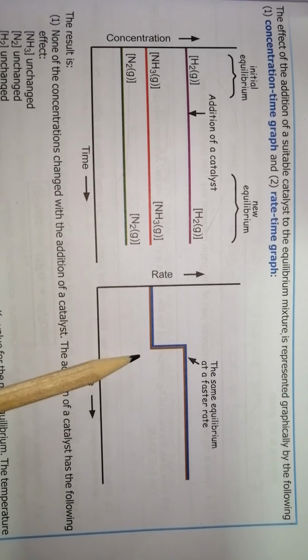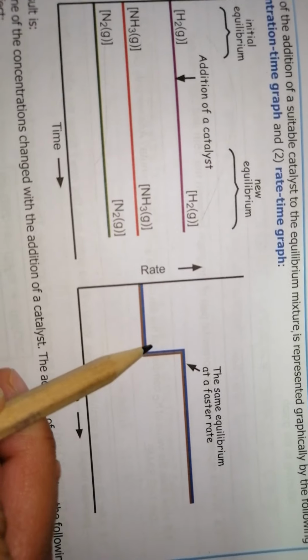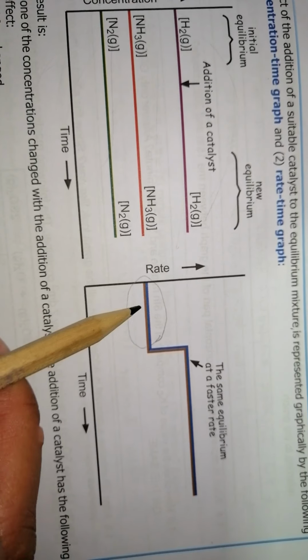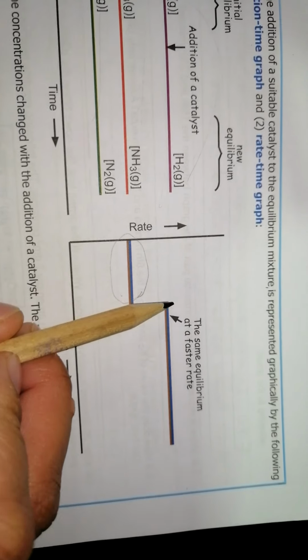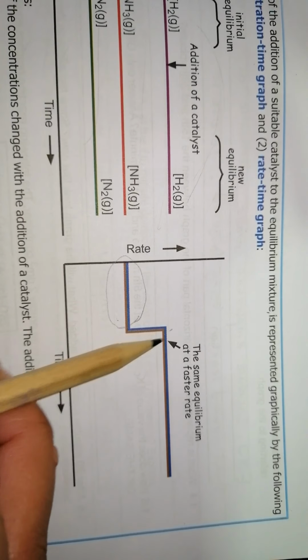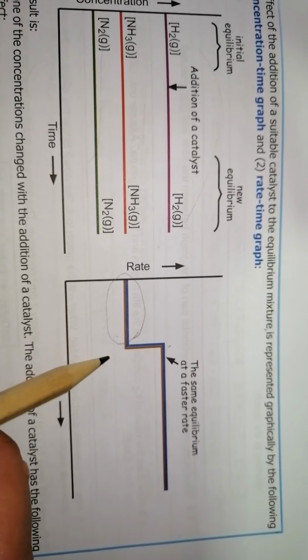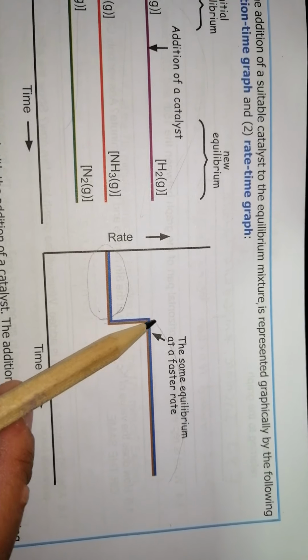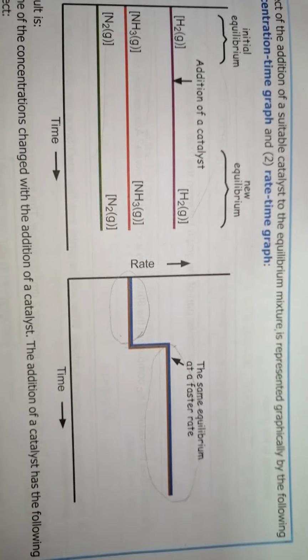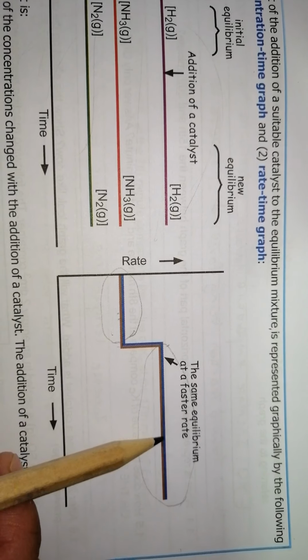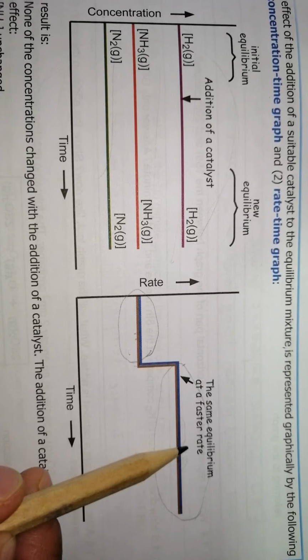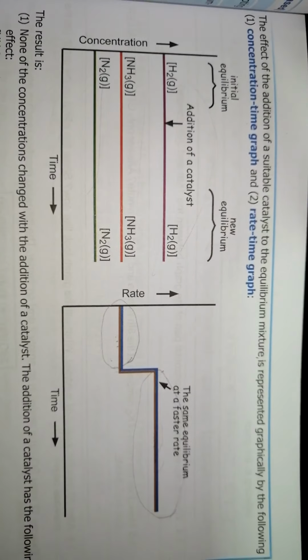So if we have a rate of reaction graph, can you see we have equilibrium first, right? And then both of them were equal, and then all of a sudden both of them increased. Forward reaction increased, reverse rate of reaction increased, and then they were equal again, which means we had equilibrium again. But can you see that this graph is higher than this graph, which means here equilibrium is being reached faster than here, because you added a catalyst.